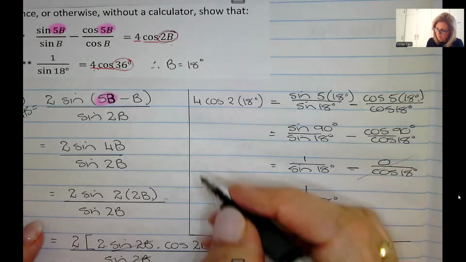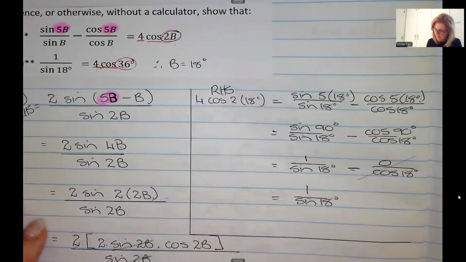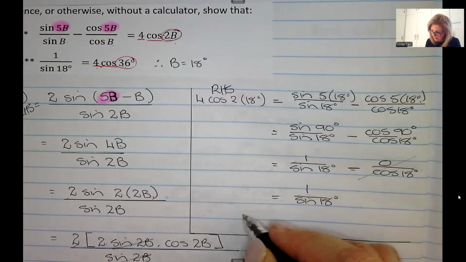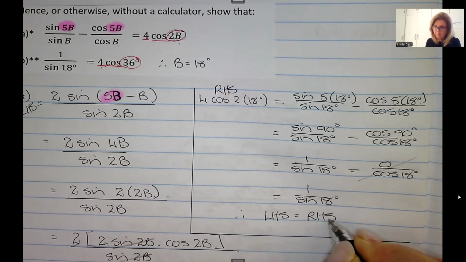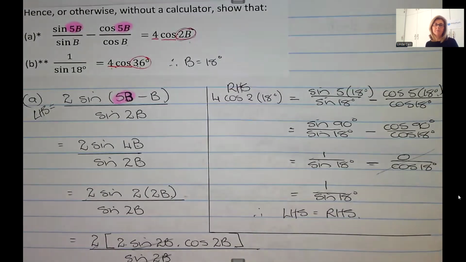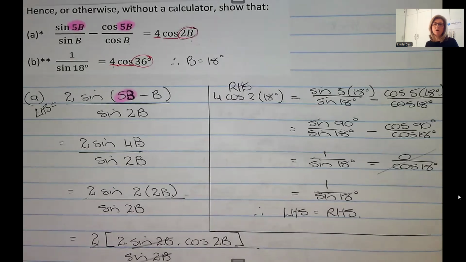So we started with the right-hand side, and we've ended with the left-hand side. And we've answered the whole question. Right, that was quite complicated mathematics and trigonometry.